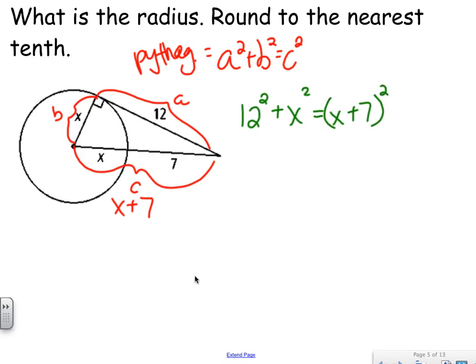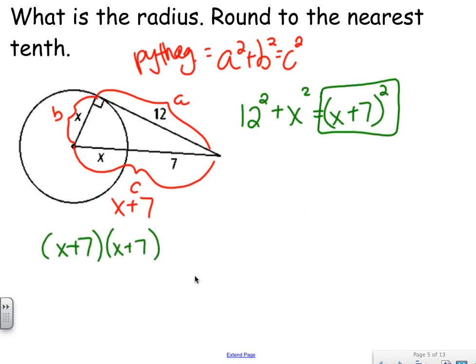Okay? So we're going to have to go back to algebra and solving quadratics to figure out how to solve for x. First off, squared means you're going to write something twice and you're going to multiply. So I'm going to actually do that down here. Write x plus 7 twice and then multiply. Remember, x times x is x squared, and x times 7 is 7x.